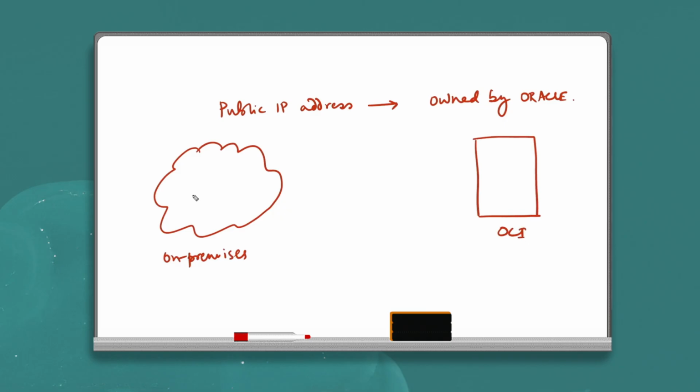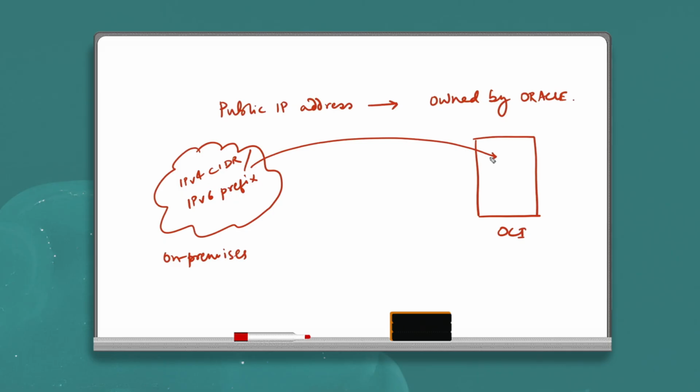In the on-premises environment, you have an IPv4 CIDR or an IPv6 prefix that you would like to move to Oracle Cloud Infrastructure. Why? Because you might have an application where you have a hard-coded IP address.